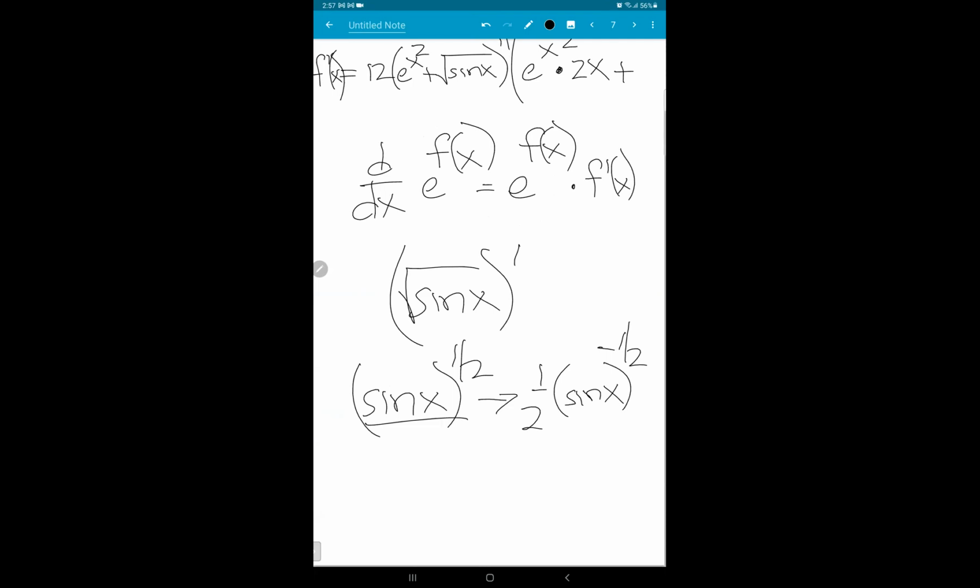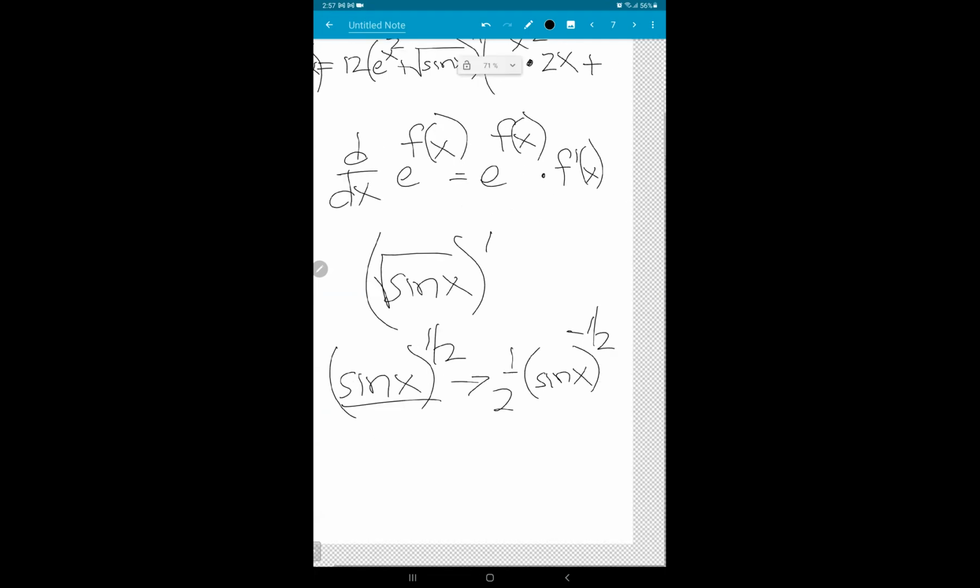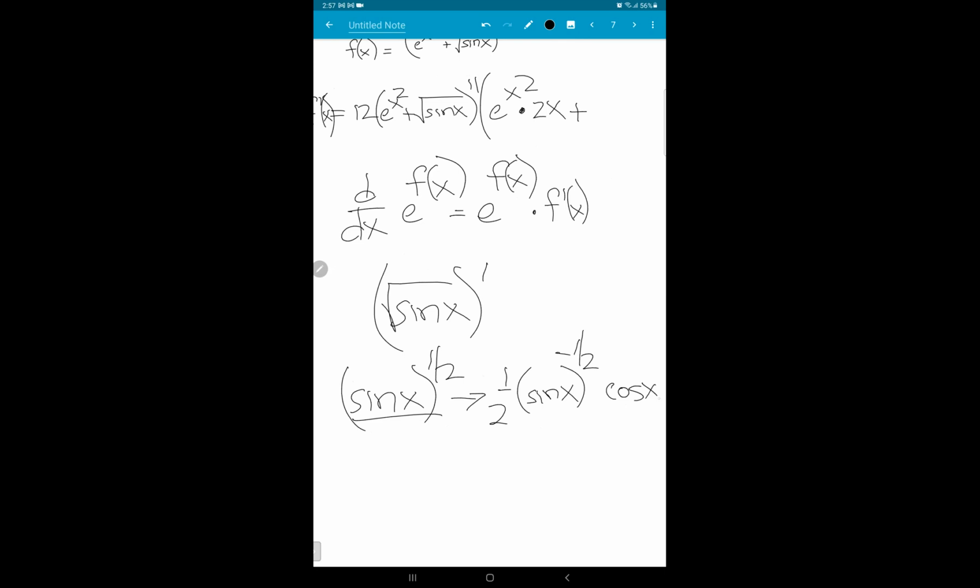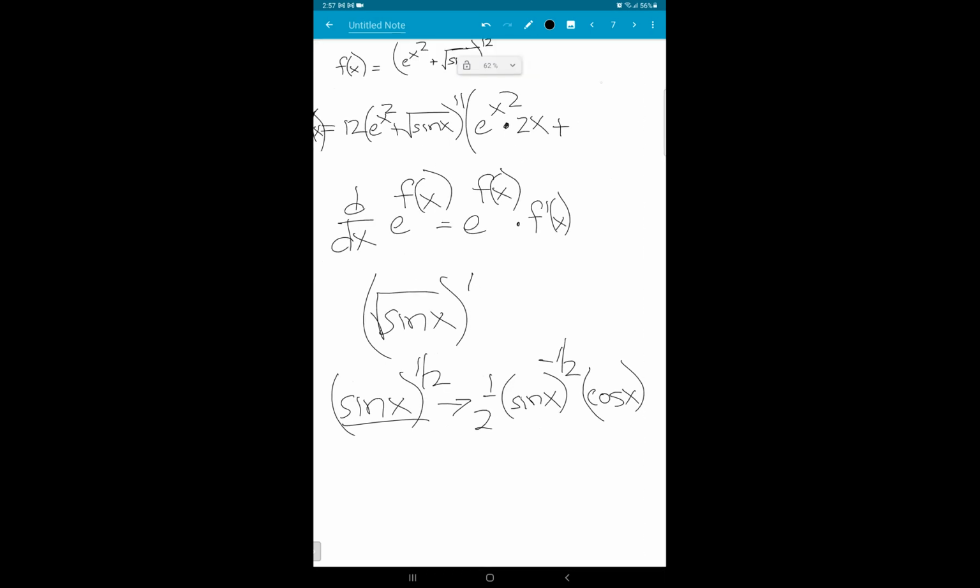The derivative of sine x is cosine x. So you have that here, the correction factor. Okay? So we will have here that term 1/2, or if you want to still use radicals, that would be 1/2 square root of sine x, cosine x.